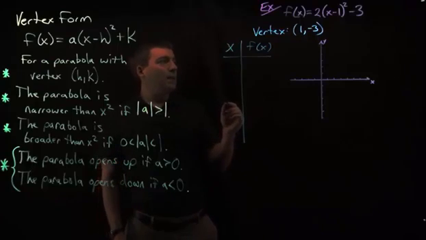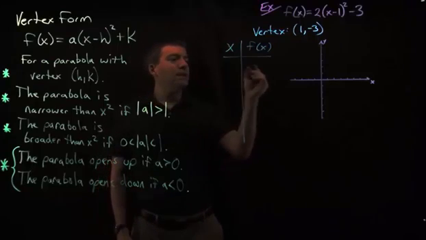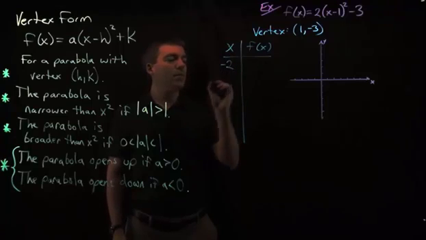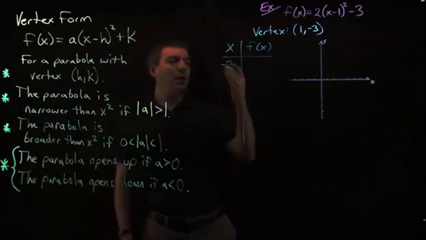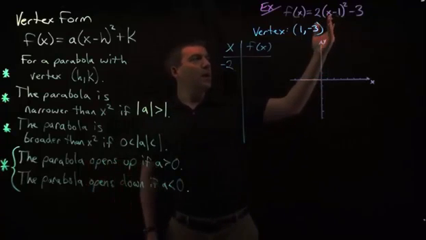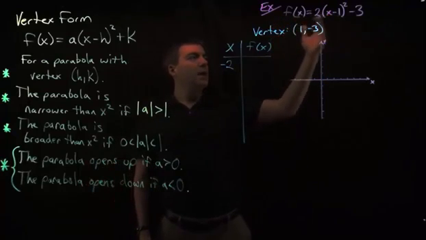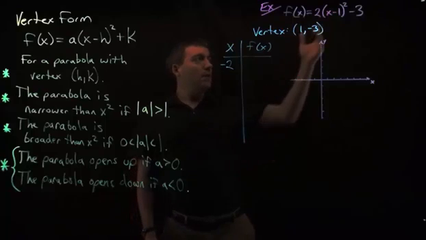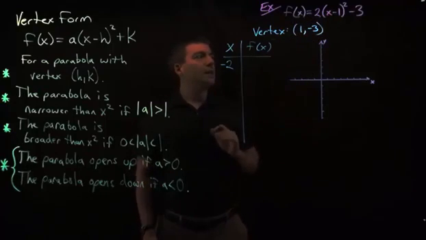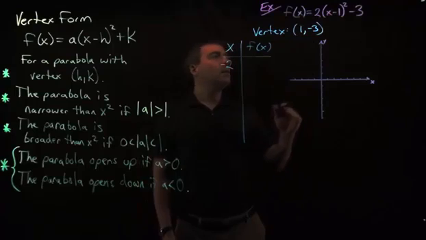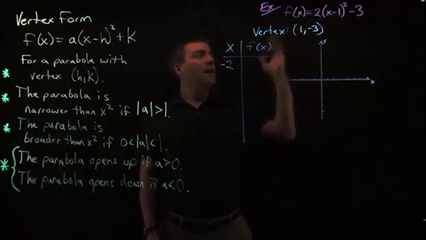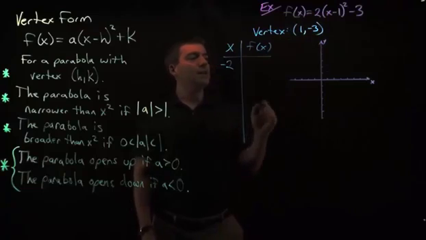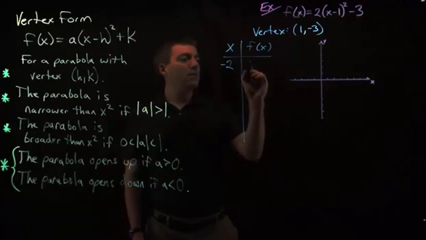Let's start off with, say, negative 2. If we plug in x equals negative 2, we'll have negative 2 minus 1, which is negative 3. Negative 3 squared is 9. 9 times 2 is 18. Minus 3 is 15.